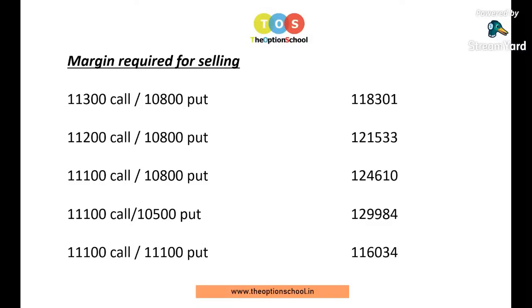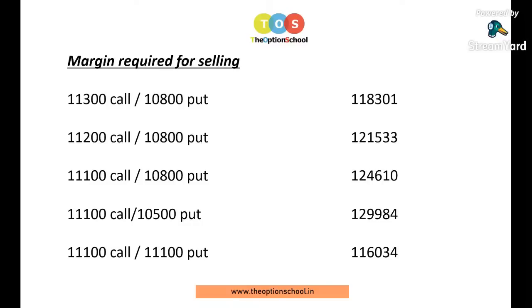So what we are seeing is if my put and call are strong, only then it reduces my margin. If my position becomes slightly skewed towards one side, my margin requirement also starts increasing. Imagine a situation that you have started with something like 11,300 and 10,500, and the market started moving up towards 11,300.